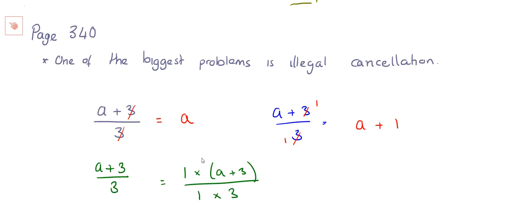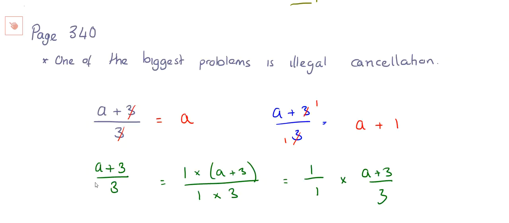But 1 over 1 makes 1, and that doesn't help, doesn't change anything, does it? So there's no point in doing it. But that would be the process we would do. So the 1 over 1, and then that would be multiplied by a plus 3 over 3, and the 1 over 1 is 1, but we've got the same thing that we started with, so we've kind of gone through a process that doesn't help.